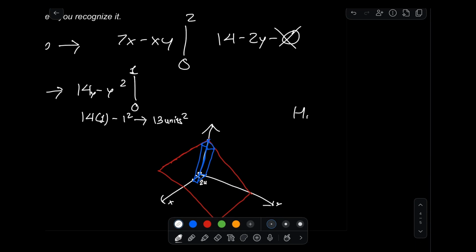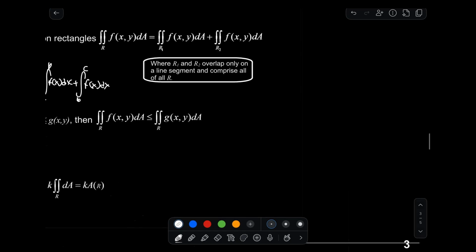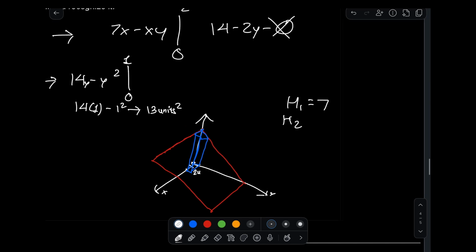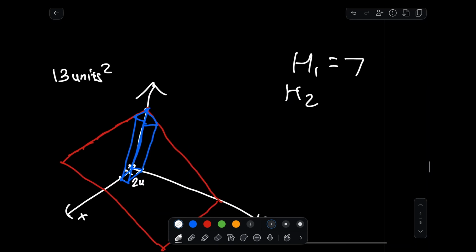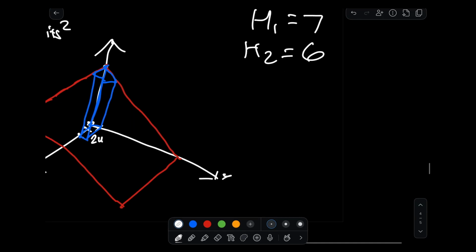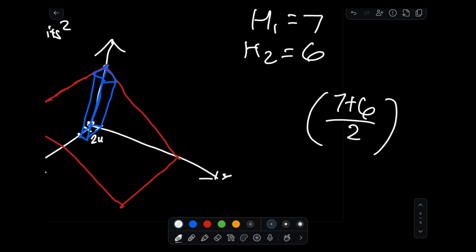So we have height 1 equals 7, height 2 equals 6. And then you would do (7 plus 6) over 2 times 2. And you would get 7 plus 6 equals 13 units squared.